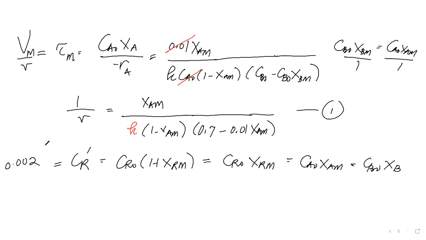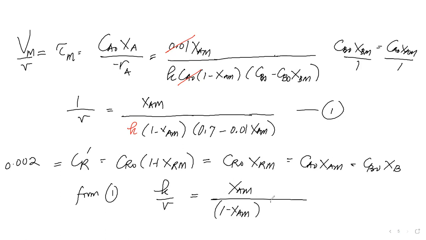Now, XAM. Okay, so you will use now KB. So from equation 1, we can get the expression K over V, transferring the K here, being equal to XAM over (1 minus XAM)(0.07 minus 0.01 XAM).